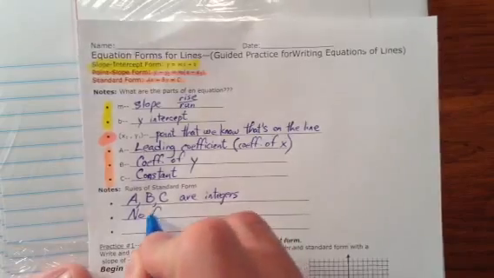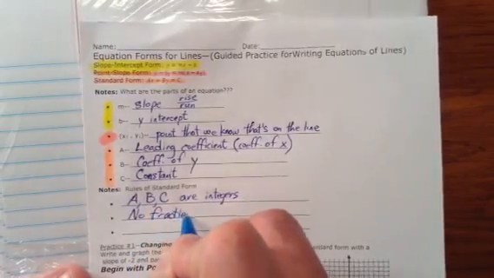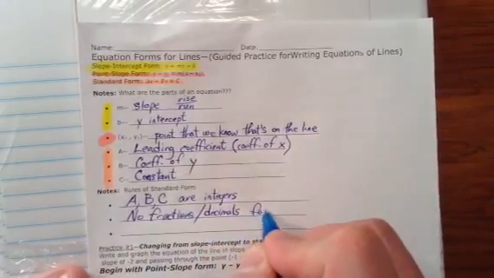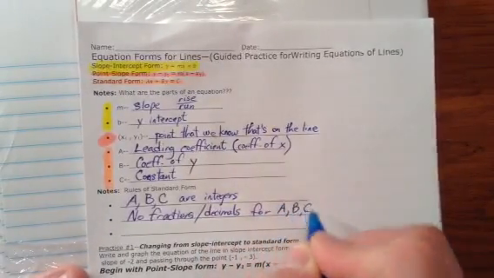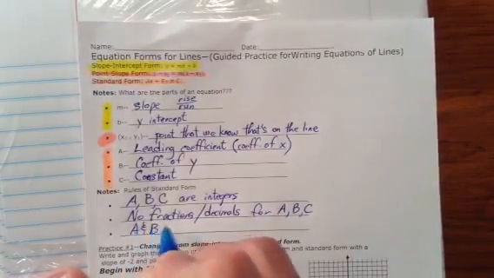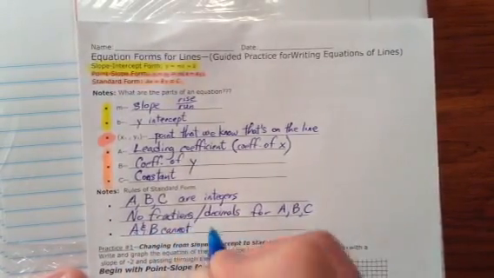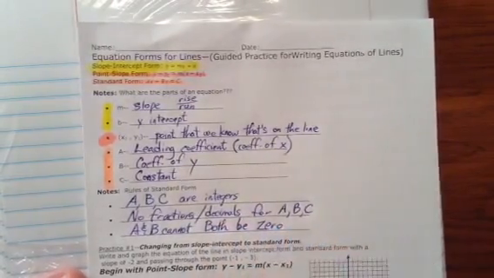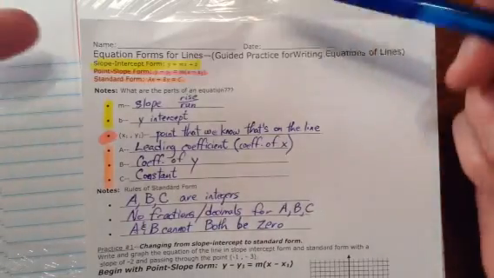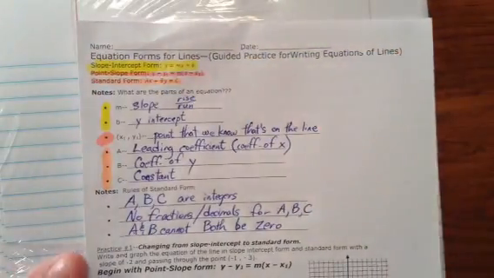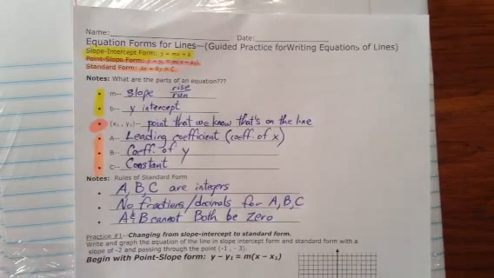Okay, so no fractions or decimals for those numbers, A, B, and C as well. And the last condition is A and B cannot both be 0. Because if A and B are both 0, we're going to wipe out the x and the y, and then, well, we don't have a line anymore.